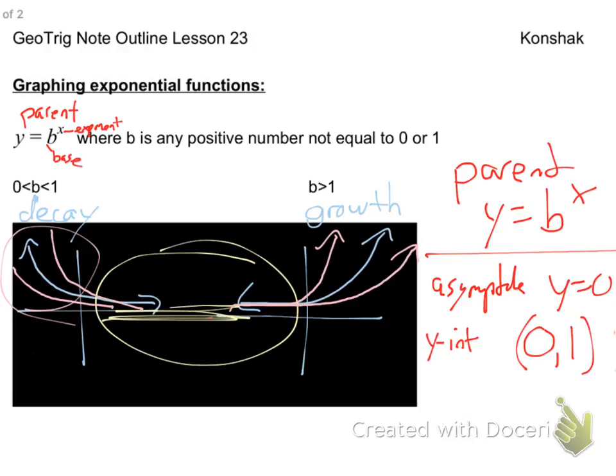Now, where we have to differentiate between the two is that when it's decay, the left side starts tall and goes down. And in growth, the right side starts low and goes higher, right? So I got to figure out that tail thing.